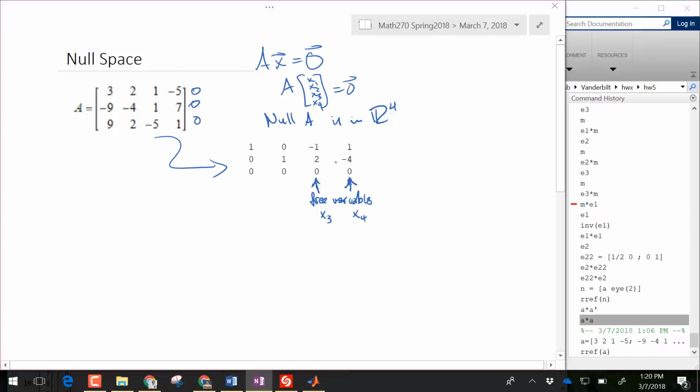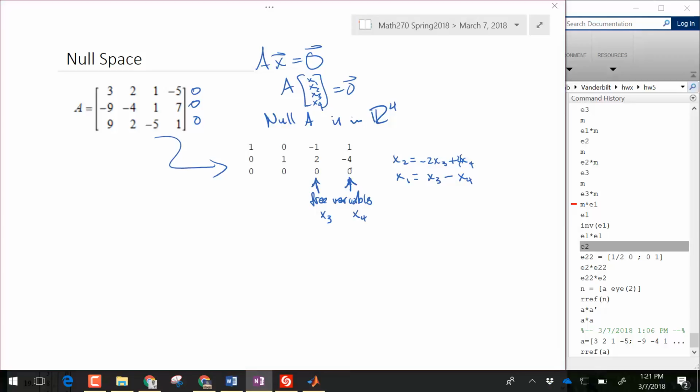And then x2 is equal to, bringing this over to the other side, minus 2x3 plus 4x4. And then x1, bringing that to the other side, will be positive 1x3 minus 4x4.